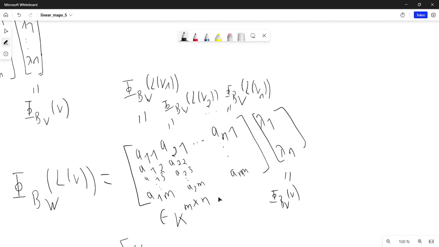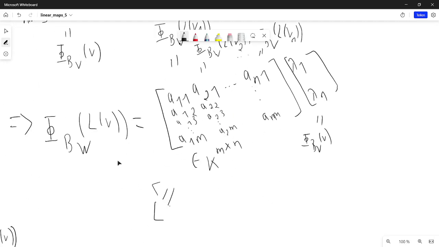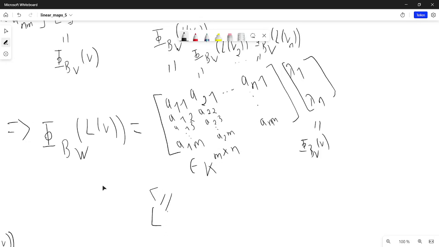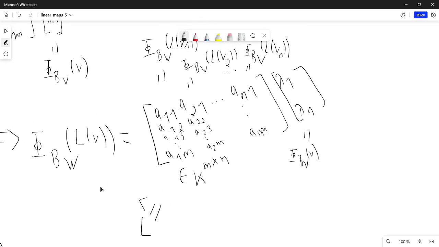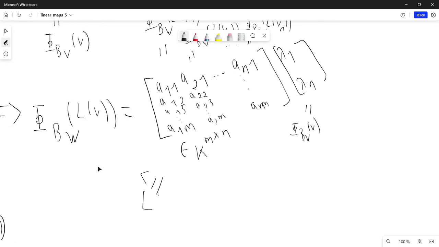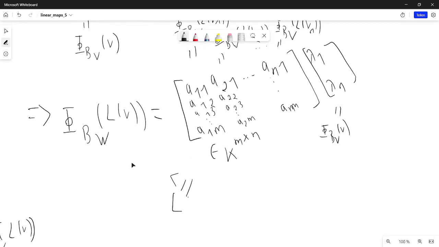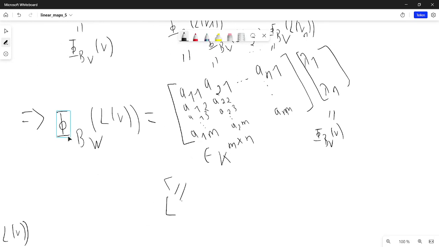So the choice of the basis decides with which matrix we identify it currently. Right. So this is a big thing, and this was really fun because we started really abstractly and then we arrived at some really interesting stuff, right?